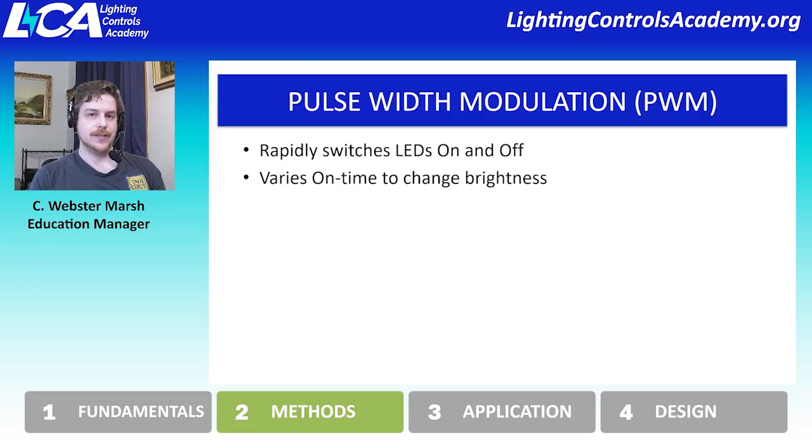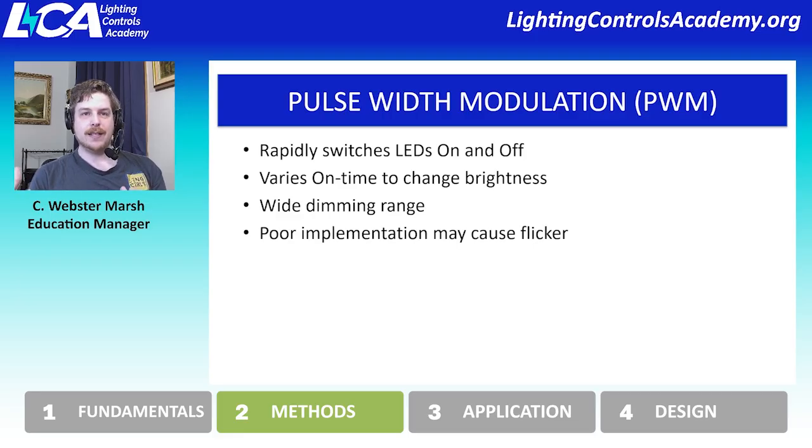So the longer it's on, the brighter it seems. The less it's on, the dimmer it seems. And as a result with this, we actually have a really wide dimming range and good precision with the intensity of these diodes. But if it's not well implemented, this is where we do start to see flickering, or where imperceptible flicker can cause migraines or headaches, or even be caught on camera, creating weird striations and stuff.